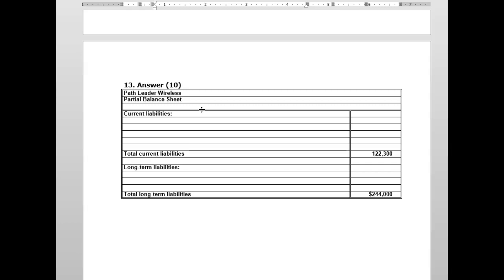They give you a group of accounts, and they ask you to arrange them as to current liabilities and long-term liabilities. I've given you the numbers and the totals here, and if you read the book very carefully and you look at what's written in the assignment, this should just be a very easy plug and chug for you.